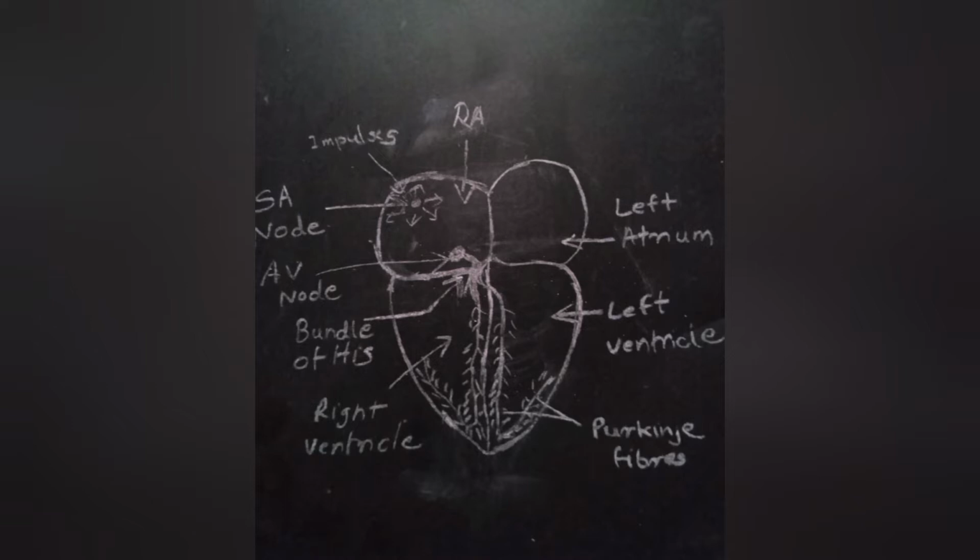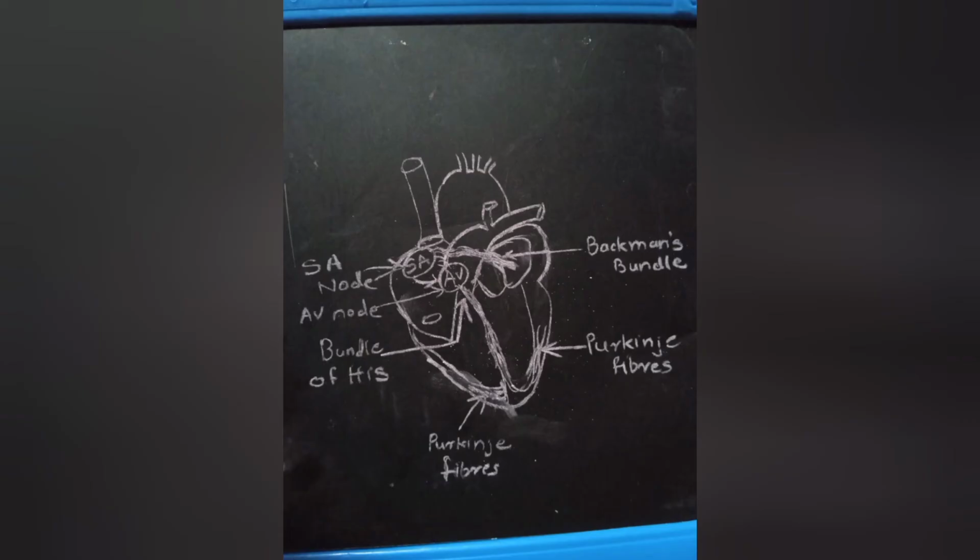This depolarization wave then proceeds rapidly to the bundle of His, where it splits into two and travels through the right and left bundle branches. The impulse travels the length of the bundles along the interventricular septum to the base of the heart, where the bundles divide into the Purkinje system.